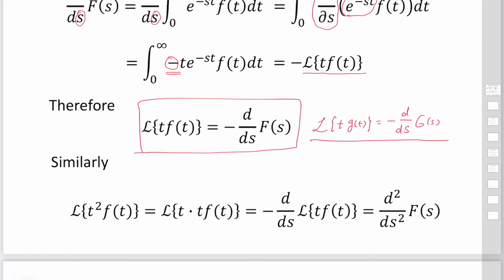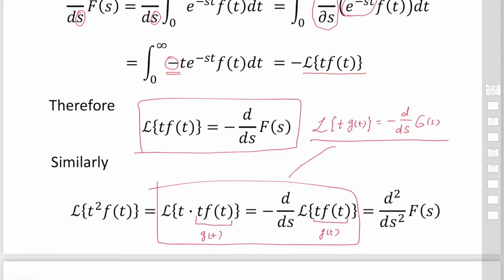Then this is going to be equal to t times tf. Then if we consider that tf is equal to g(t), then it becomes minus d/ds times the Laplace transform of g. Right, under these equations using these formulas.